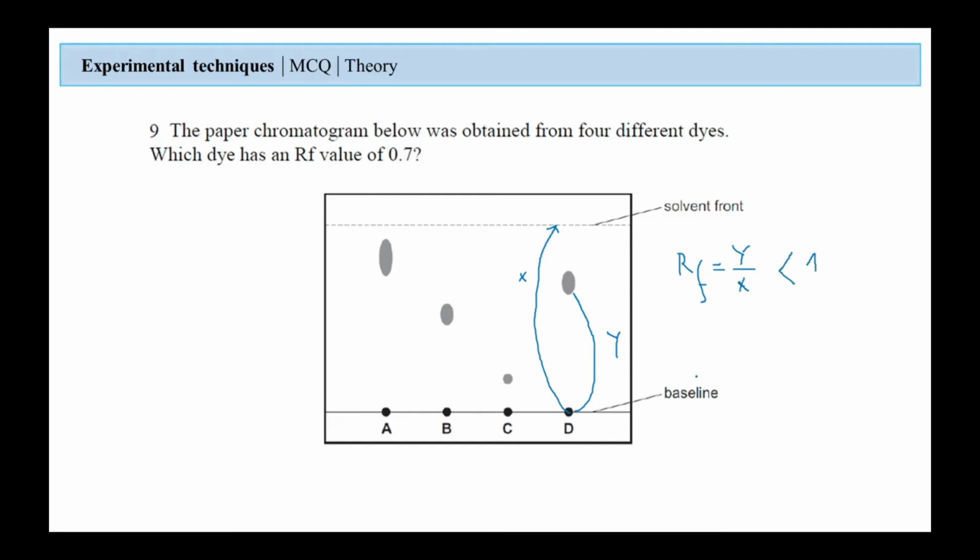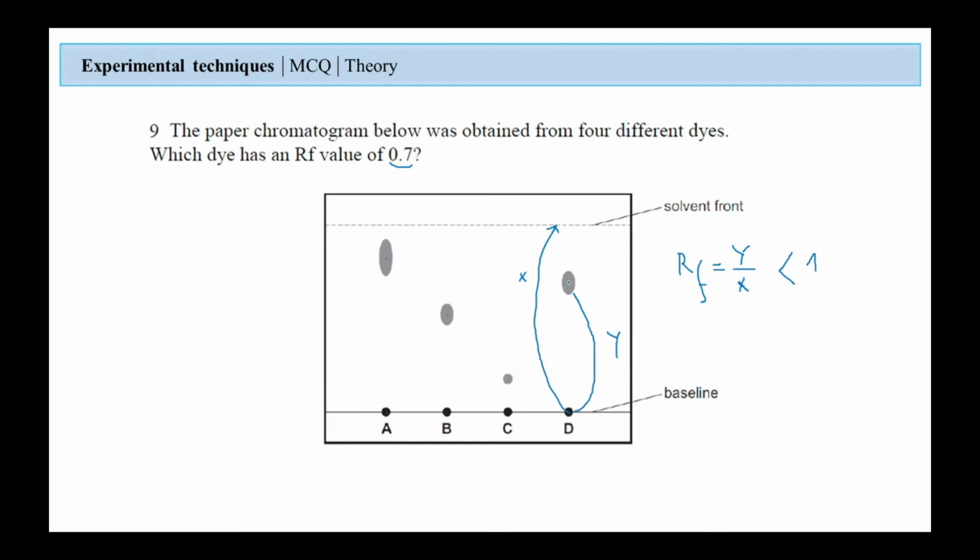and it has no unit, and generally it's always less than 1. So here, to find out which substance has an RF of 0.7, we need to calculate by using a ruler the distance from the baseline till the center of each spot. For example, for A, we will be measuring from here until the baseline. For B, from the center here to the baseline. And for C, we will be measuring from the center of this spot till the baseline.